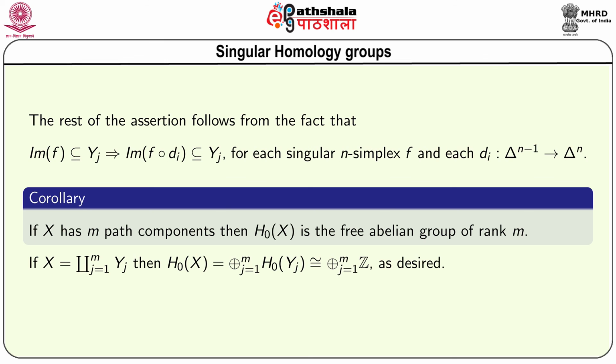Now, if we look at H_0(Y_j), then that is actually the infinite cyclic group Z. So, ultimately H_0(X) becomes isomorphic to the direct sum of m copies of Z, as desired.